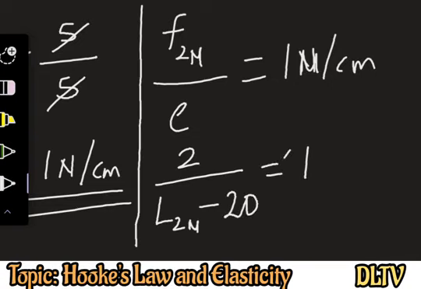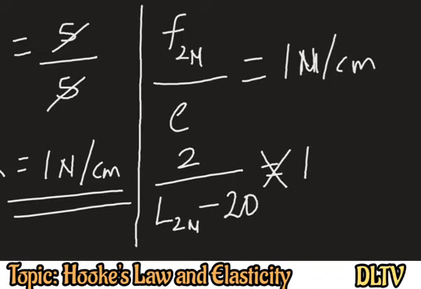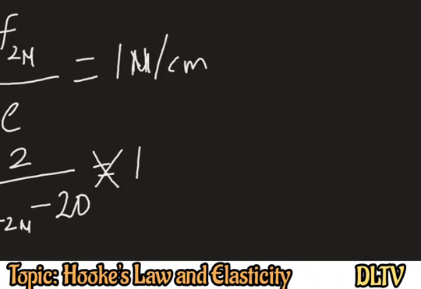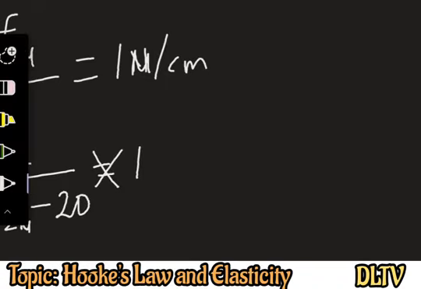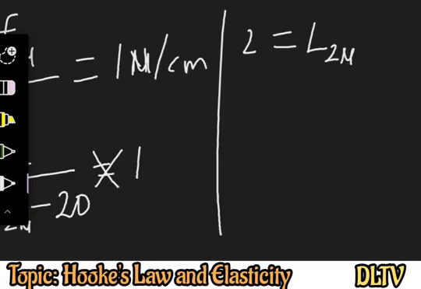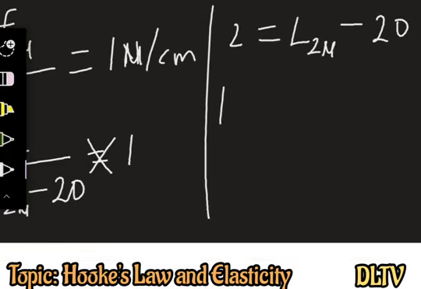So we'll cross multiply again, and when we cross multiply, we have 2 equals L2 Newton, that is the length as a result of 2 Newton minus 20.